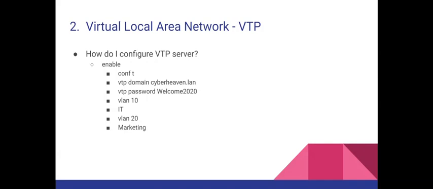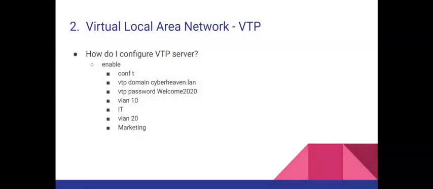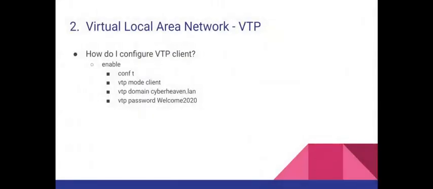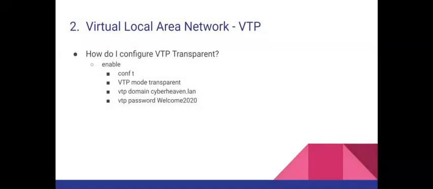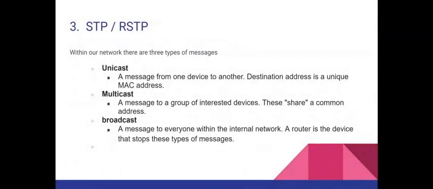Config t, vtp domain. This is pretty straightforward. You guys can just look at the slides, but that basically allows you to configure these switches automatically. We can try to do a lab with these guys, don't worry.